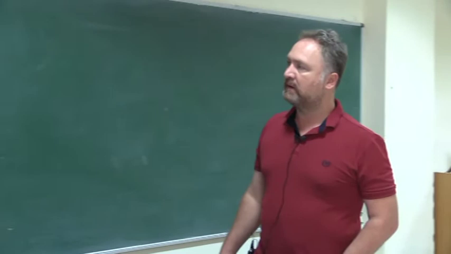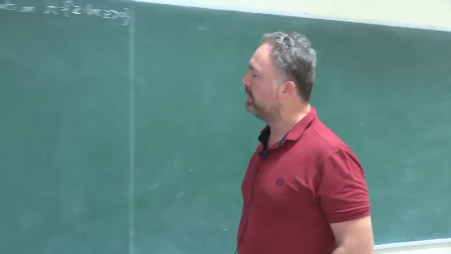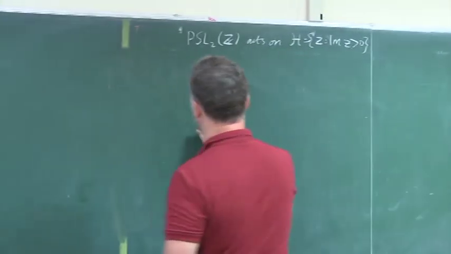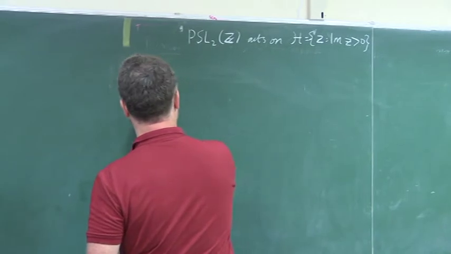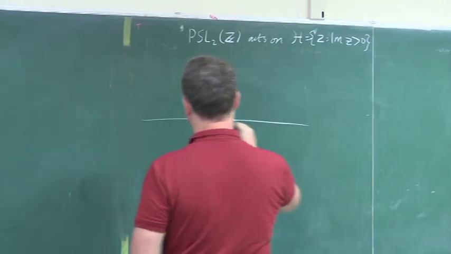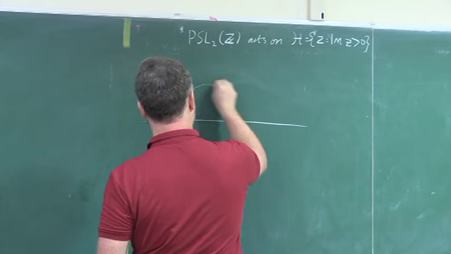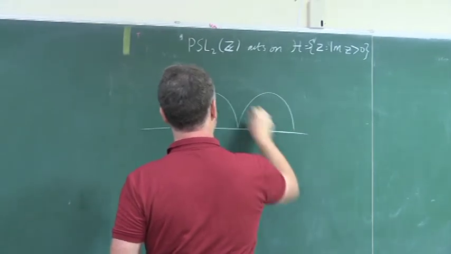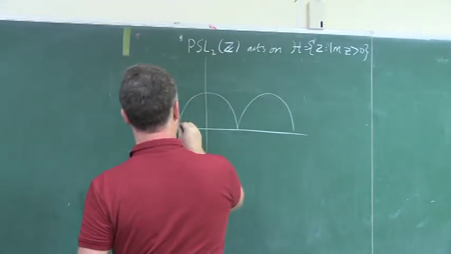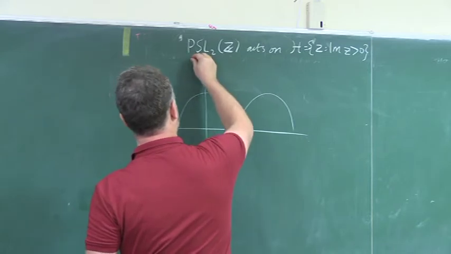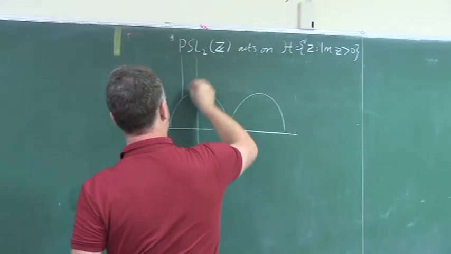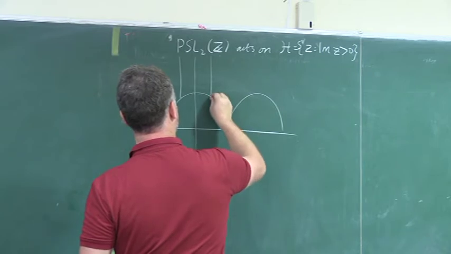So there is a very nice picture concerning this. We can draw a fundamental region for this action. So we have circles here, and we have this region here.